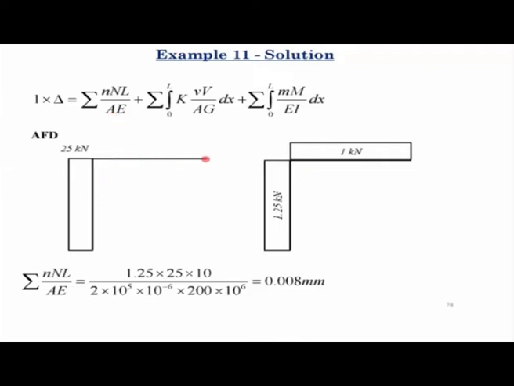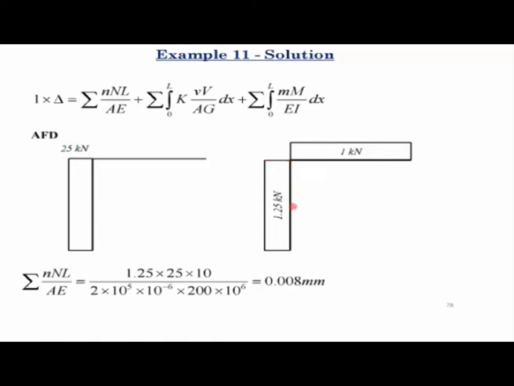Again we notice that in the horizontal member under the applied load there is no axial force. So we don't have to consider the axial deformations here, because in that case capital N for this horizontal member would be 0, so that term would be 0. We have to consider the axial deformations only in the vertical member. Under applied loads capital N is 25.